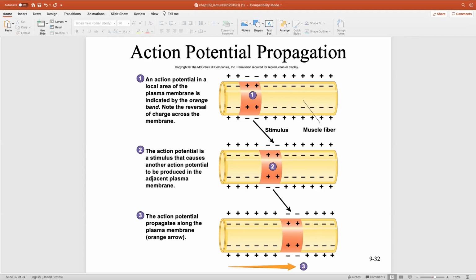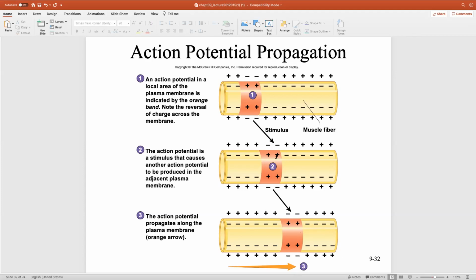Then this one after it, and then this one after that. So there's a sequential movement of that action potential. That's why we don't usually like calling it an electrical impulse, because with an electrical impulse you think it's just like an electrical current, just moving. In reality, there's a slight delay.